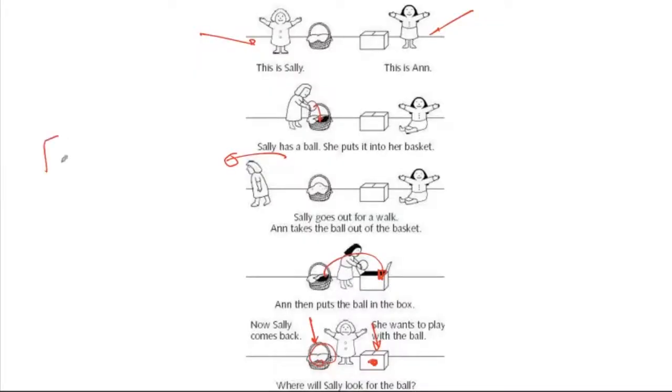You can imagine what is really happening in this task: attributing a mental state to another person. So these are called false belief tasks. Sally would have a false belief that the ball would be here, but in reality the ball is here.